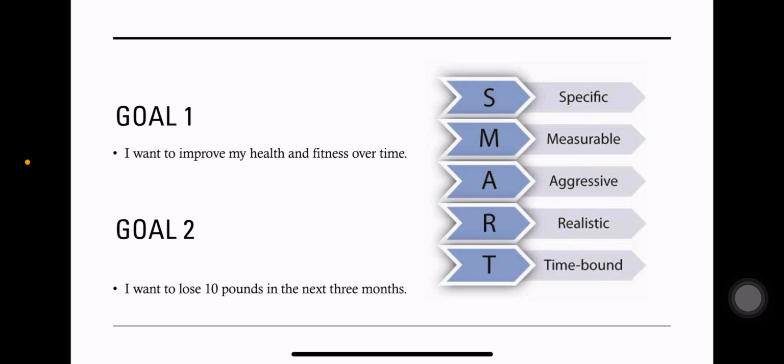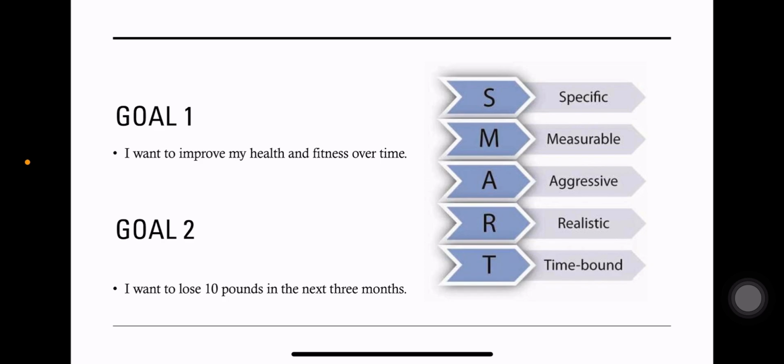Whereas in goal 2, you will know it, because it's very obvious that when you lose 10 pounds, you can just get a weighing machine, weigh yourself, and then you'll know that you have achieved it successfully because your goal is measurable. So every goal which you set should be measurable in order to be motivated throughout the goal setting process.